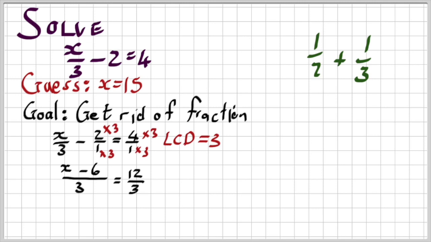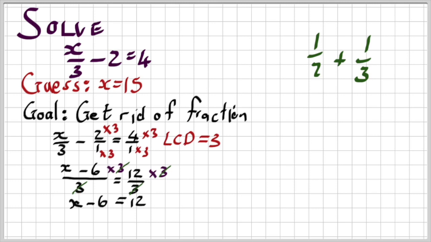Why do I do this, ladies and gentlemen? So that I can multiply by my LCD left and right, and the LCD fall away. And this is going to happen every single time. So I'm going to be left with x minus 6 being 12.